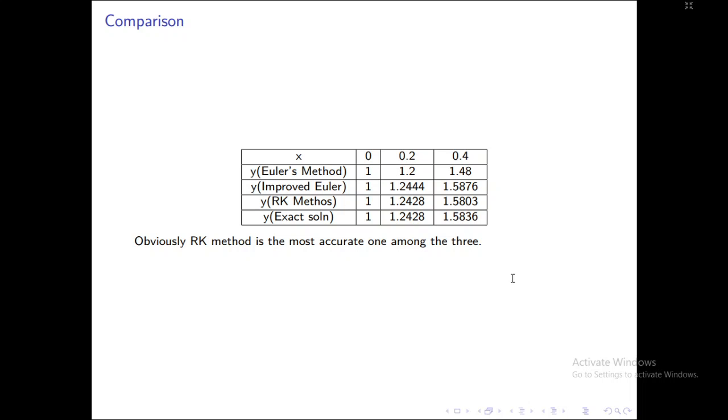So this is the comparison between three methods, and to improve the quality of the solution, the best thing is to take the value of h as small as possible. So here the value of h is taken as 0.2, and we use that to calculate the value of y at 0.2 and 0.4.